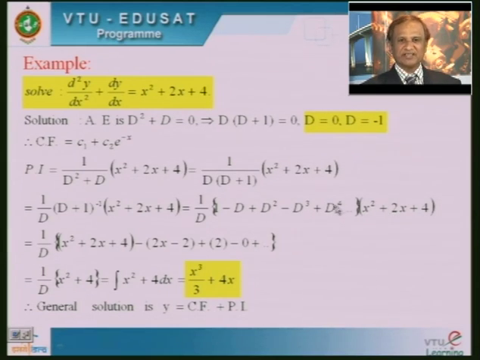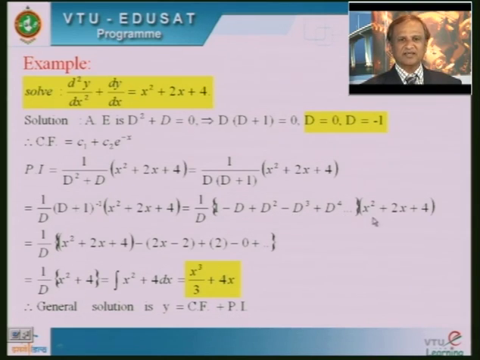When we operate D raised to 4 on this function, all the terms become 0. Say for example, the next term you may get is D to the power 5. When we operate D to the power 5 on this function, it becomes 0. That is why I think the next terms are not necessary. If you want, you can write down up to D square only.